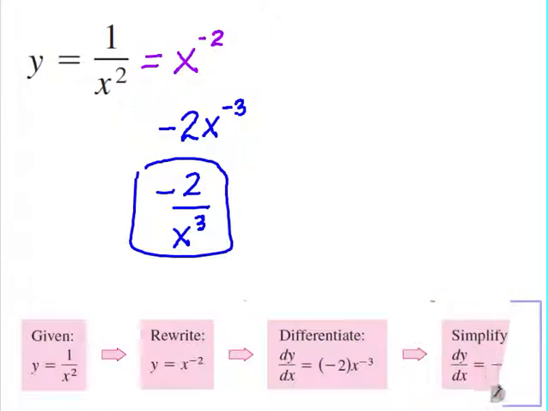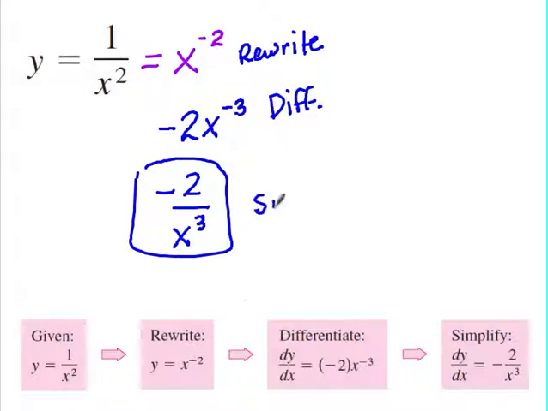Then they ask you to simplify. So we did all of those steps. They'll say, find the derivative by rewriting, differentiating, and simplifying. Here's what we did. Step 1, rewriting, was right here. There's your rewrite. Then differentiate.